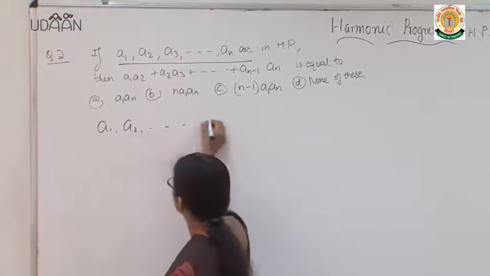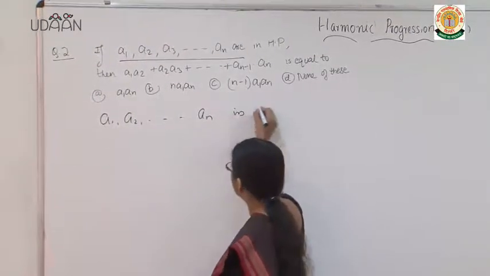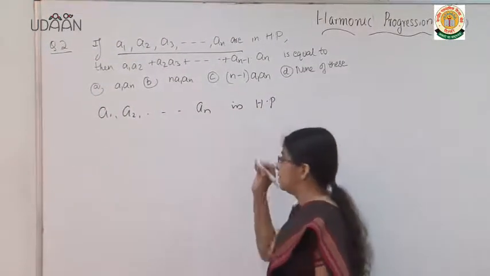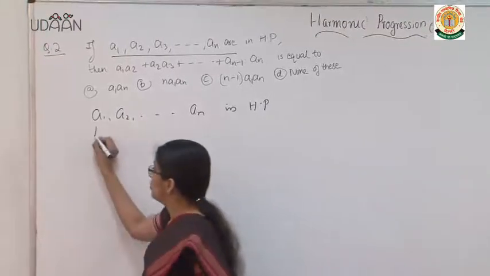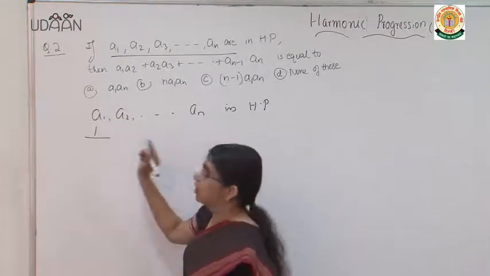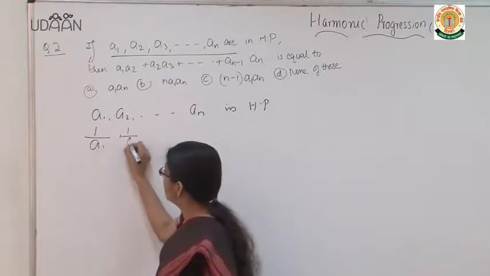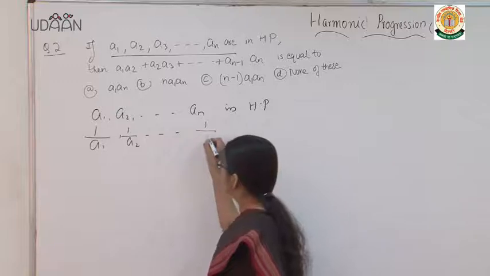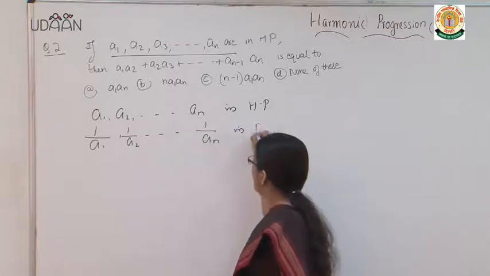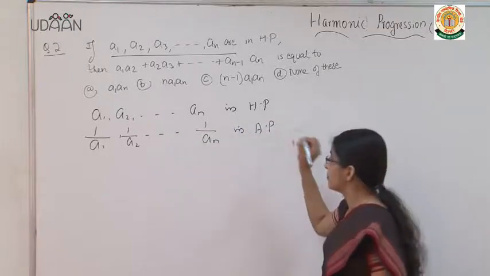A1, A2, etc. An are in harmonic progression. From the definition we know, if these terms are in harmonic progression, their reciprocals 1 by A1, 1 by A2, etc. 1 by An are in arithmetic progression.